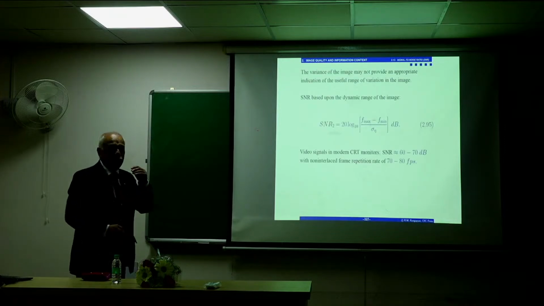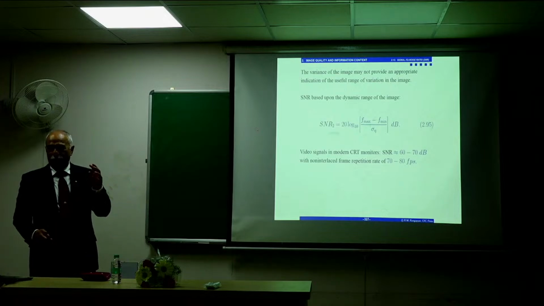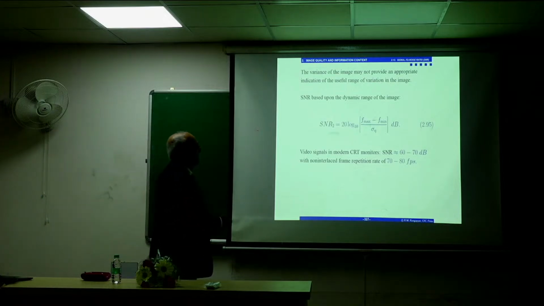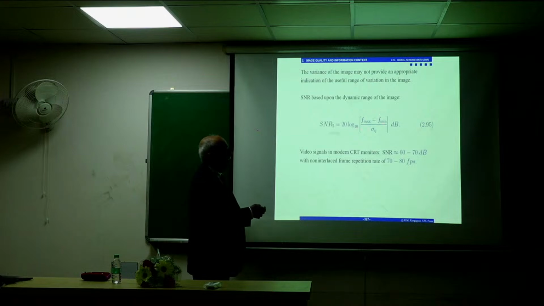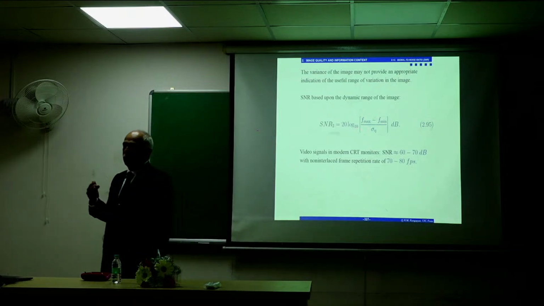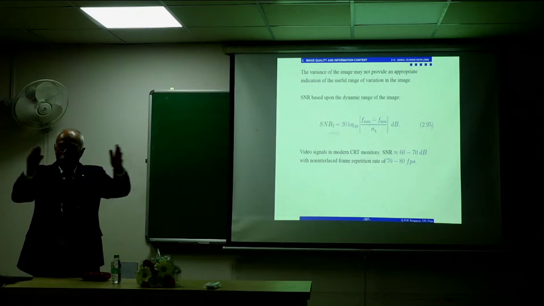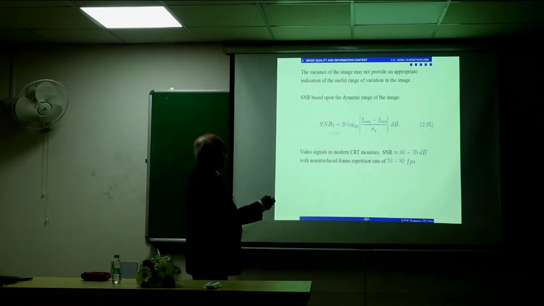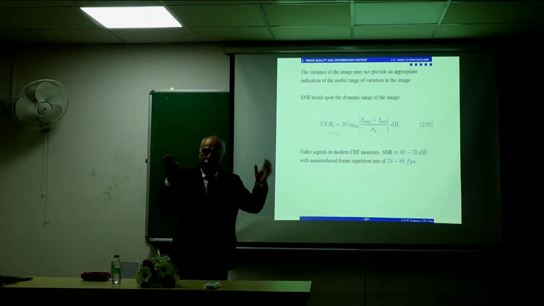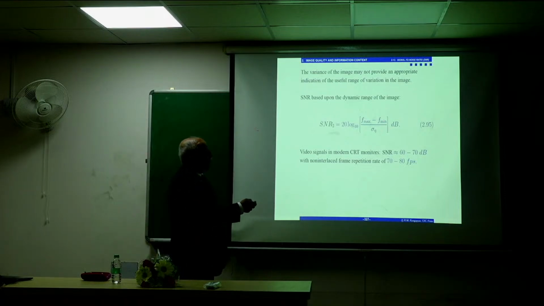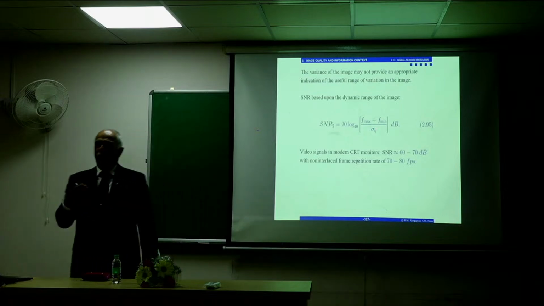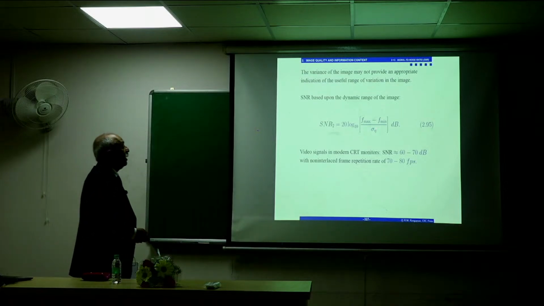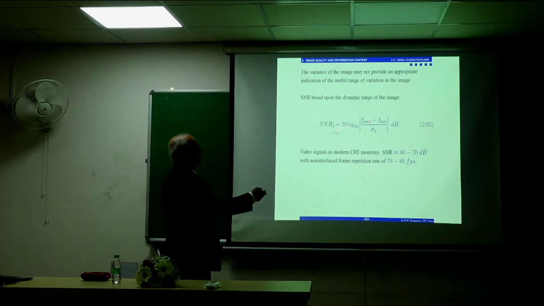The variance may not always be useful. Sometimes what is more useful is the dynamic range. Variance of the image in particular is not always useful, but you want to know what the range is. So another measure of SNR that is commonly used is f max minus f min, the dynamic range, normalized by not the variance but the standard deviation, just to maintain the dimension, and 20 log 10 because they're not squared.